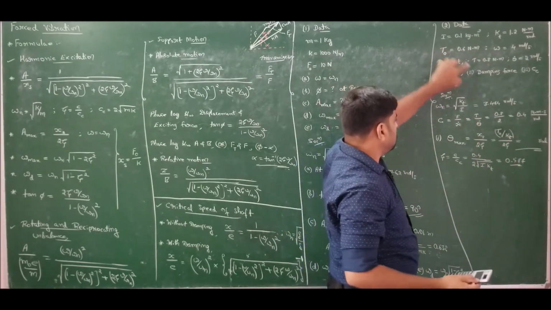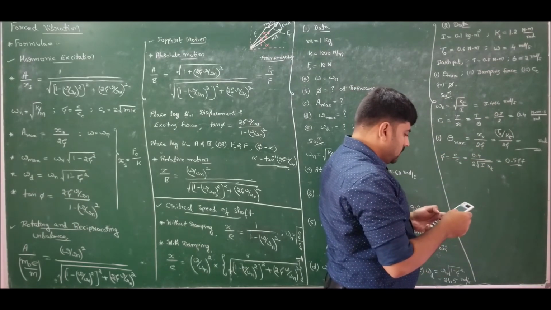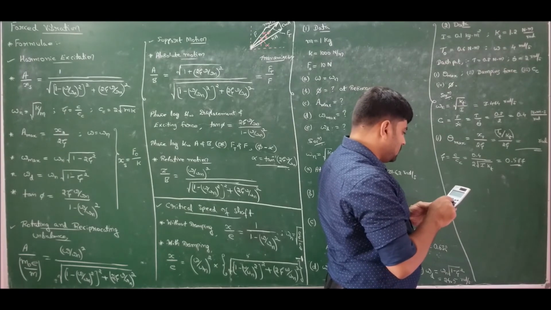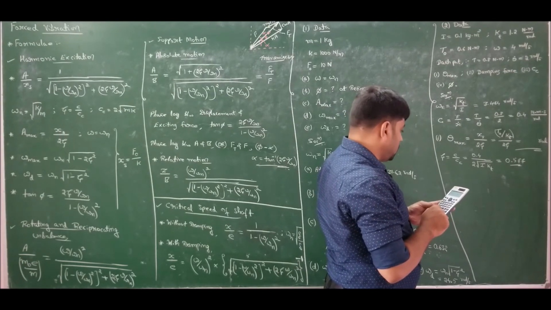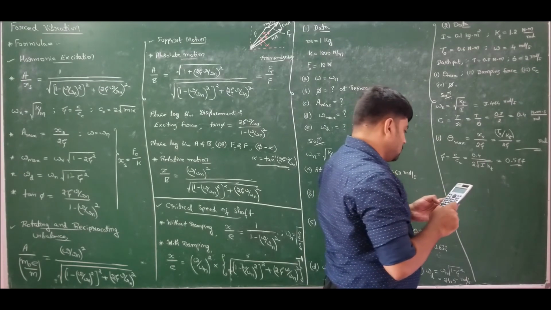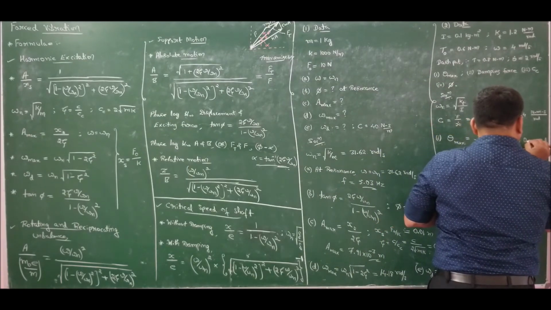So substitute T naught as 0.6. kt is also known, and zeta we calculated. Hence T naught is 0.6 divided by kt, 1.2, into 2 into zeta, 0.577, which turns out to be 0.433 radians.